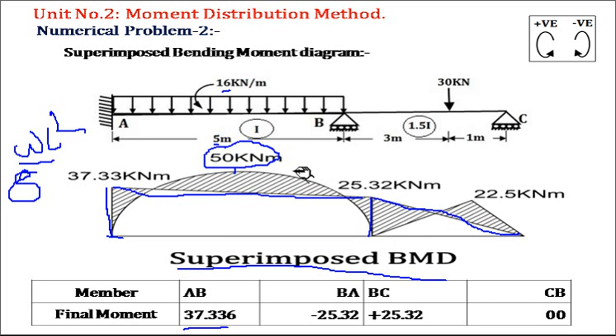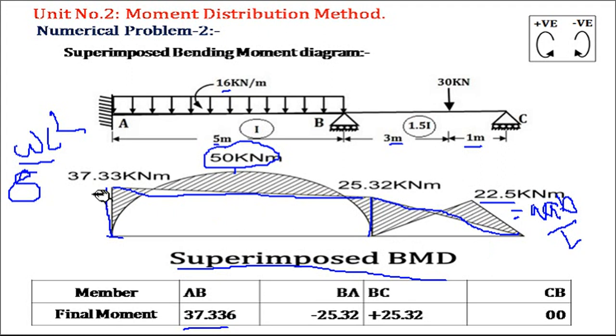As the load is uniformly distributed, you have to join it by a circular curve. Now in portion BC, it is loaded by a point load that is not at the center. So the formula is W a b upon L. The value of W is 30, a is 3, and b is 1. Putting in the values, we get the free bending moment due to this point load as 22.5. Then join it by straight lines as the load is a point load.